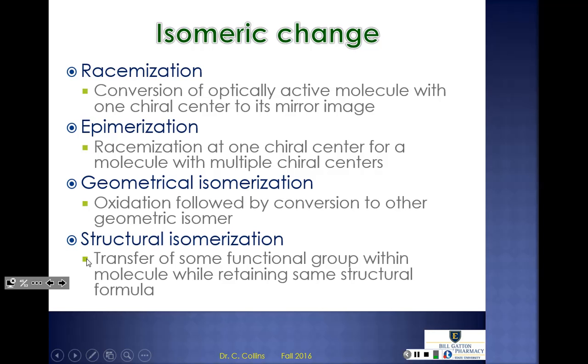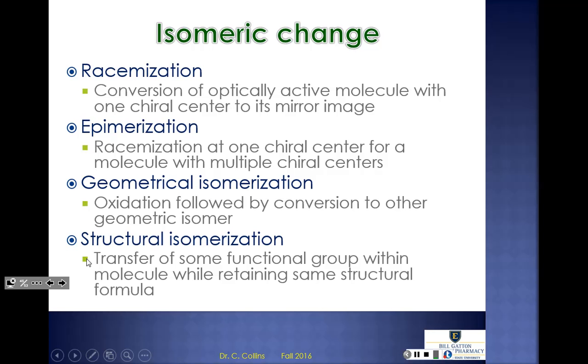And what this slightly different arrangement can cause is it not to interact with a receptor either at all or as well. So some drugs, when they were originally produced, were simply a racemic mixture or a mixture of these various and sundry types. Now, with newer technologies, we can identify which form of the drug is more useful.